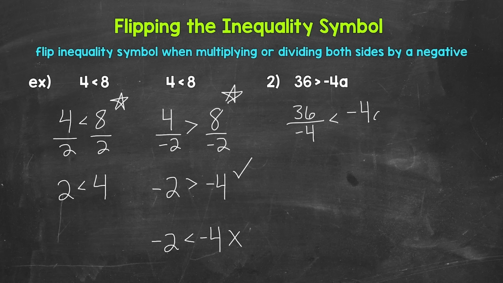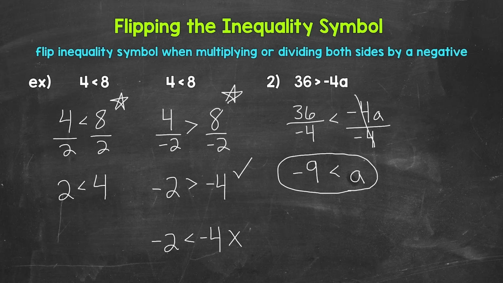And then we have negative 4a divided by negative 4. As far as the right side, these negative 4s cancel each other out. a is now isolated, so we have a is greater than, and then on the left side, 36 divided by negative 4 gives us negative 9. So a is greater than negative 9.